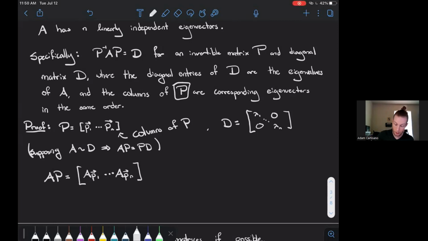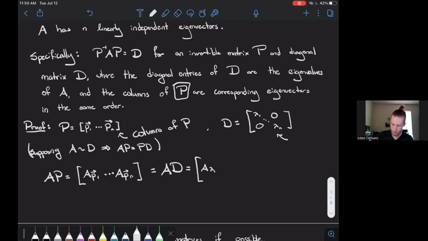Now we also know that this is PD, but D is a diagonal matrix. I know what its columns are. By the way, we don't know that these lambdas are eigenvalues. We know that they're the eigenvalues of A because similar matrices have the same eigenvalues. So might as well put them for what they are.